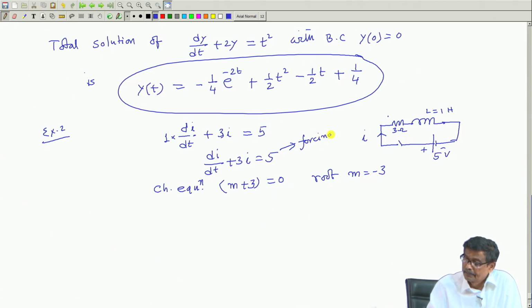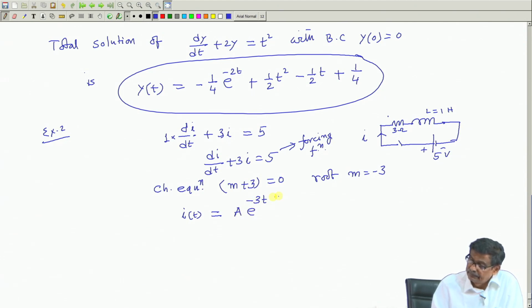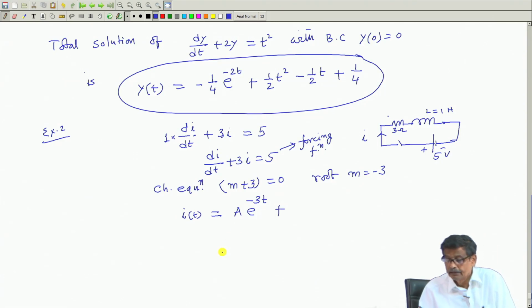So, the total solution I(t) will be equal to a into e to the power minus 3t, that part is over, plus a linear combination of the forcing function and its higher order derivatives.